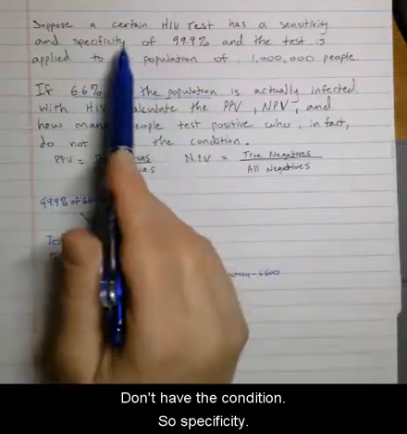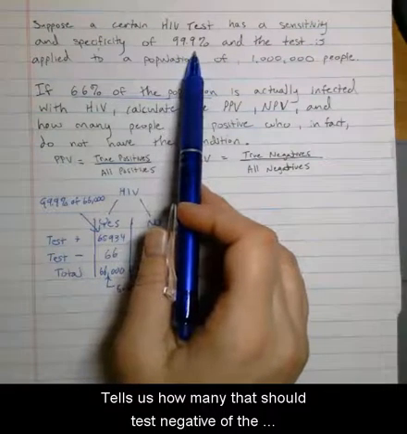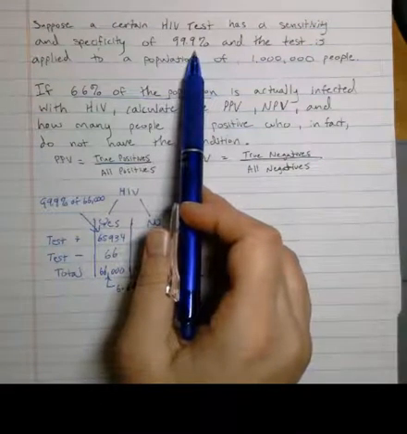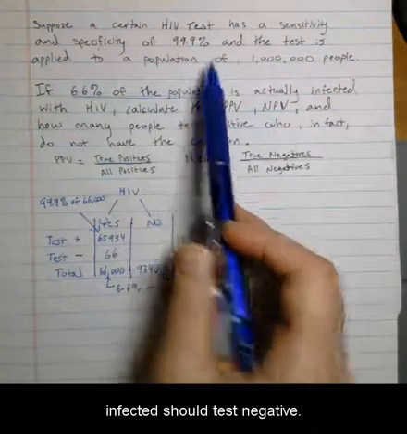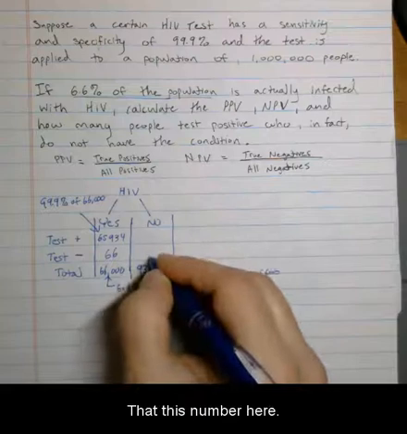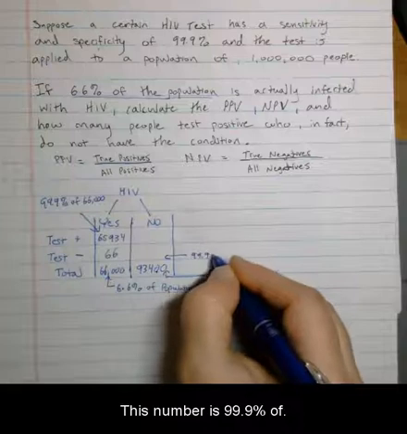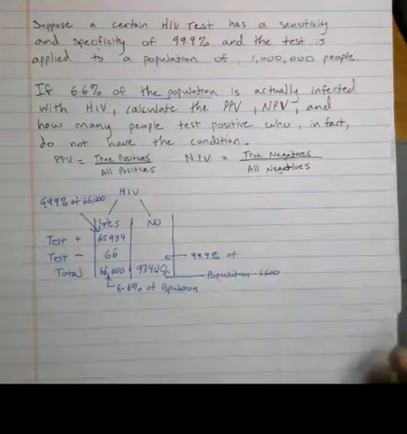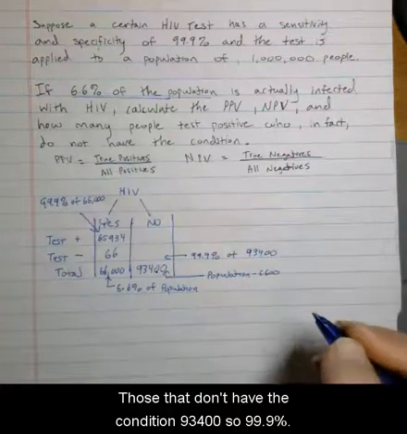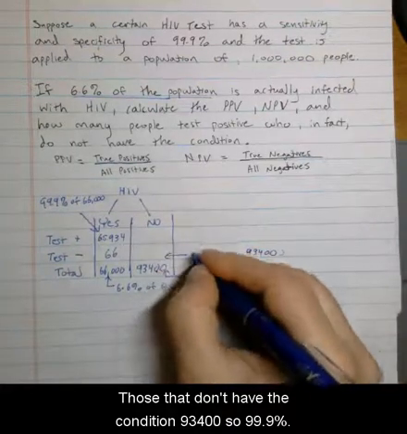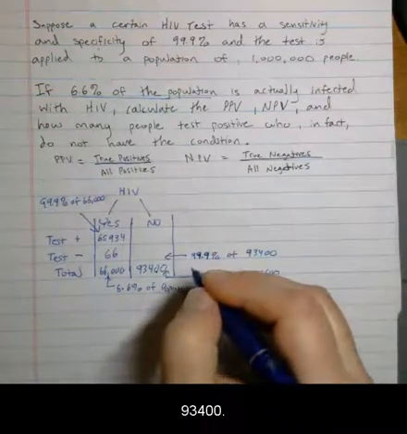So specificity tells us how many should test negative of the ones that are not infected. So 99.9% of the ones that are not infected should test negative. So that's this number here. This number is 99.9% of those that don't have the condition, 934,000.